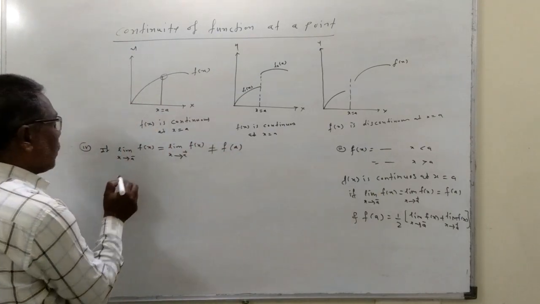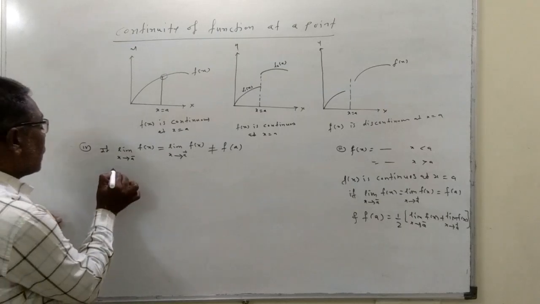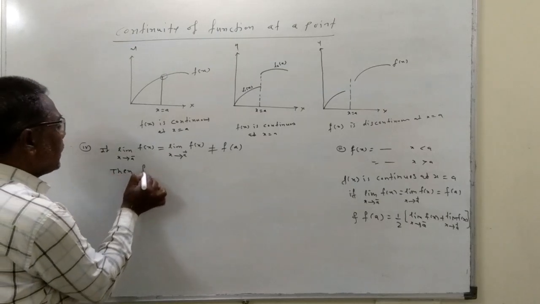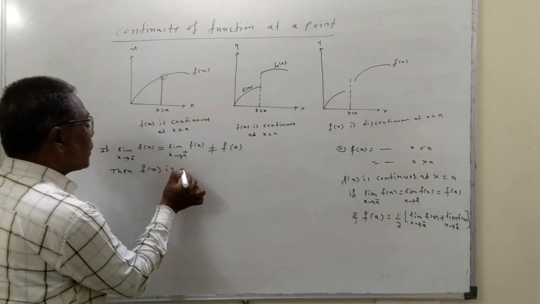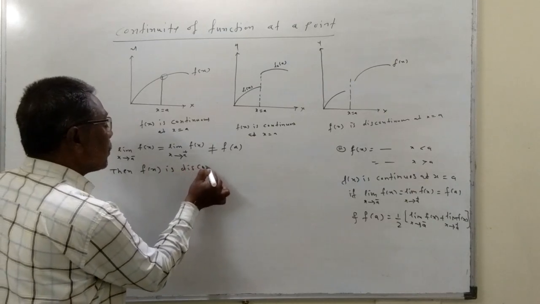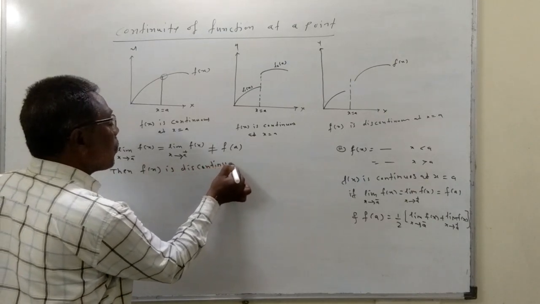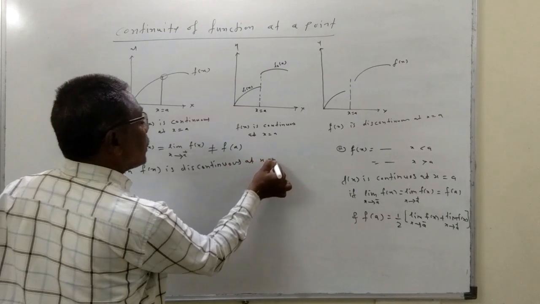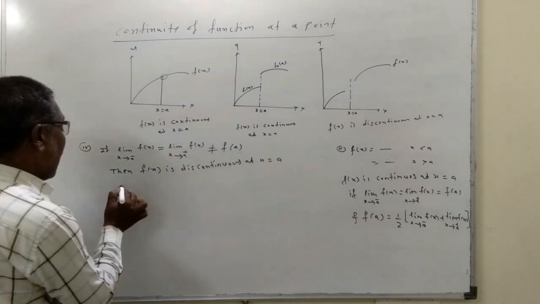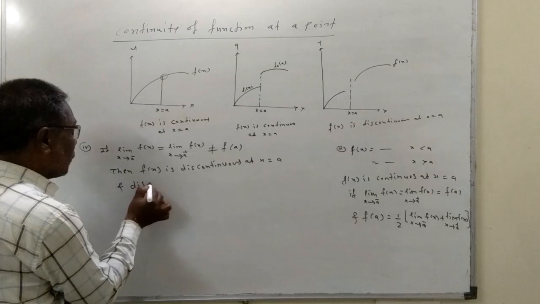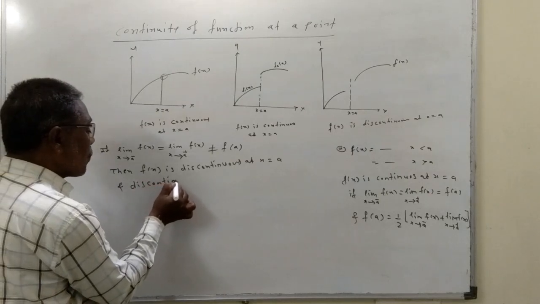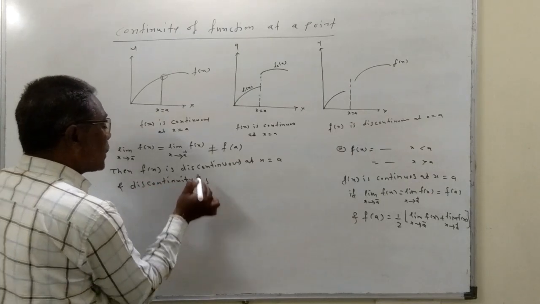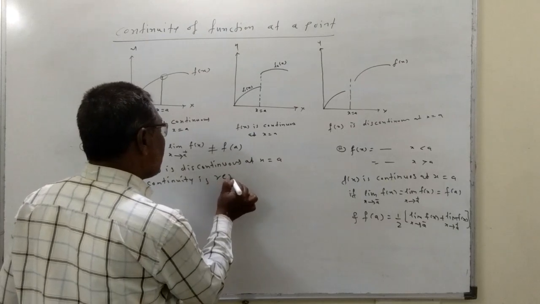For this situation the function is discontinuous. Then f of x is discontinuous at x is equal to a, and the discontinuity is removable.